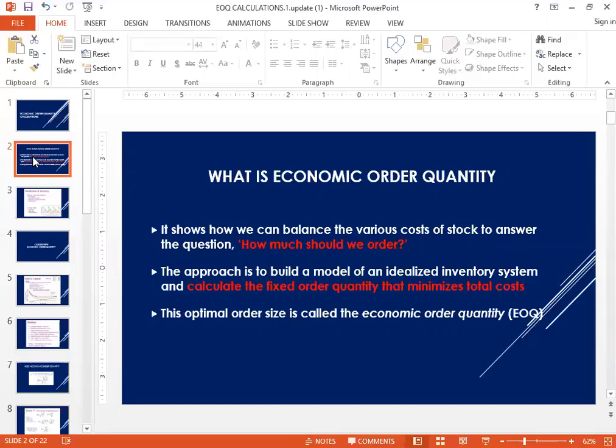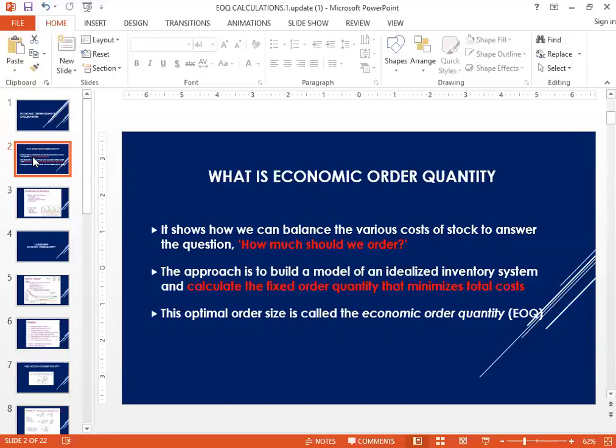It's an approach to build a model of an idealized inventory system, and it calculates the fixed order quantity that minimizes your total cost. A company could consider just keeping a whole lot of inventory, like a million boxes.